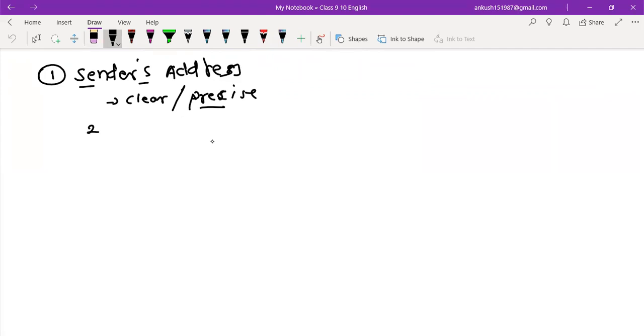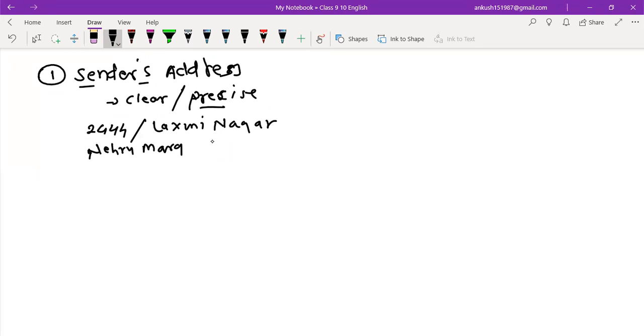So what would you do? Here you may write 444 oblique, Lakshmi Nagar. Okay, no need to put a comma here. After that, Nehru Marg, no need to put a comma here.